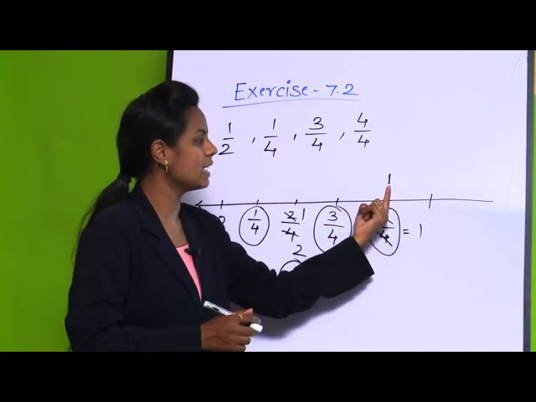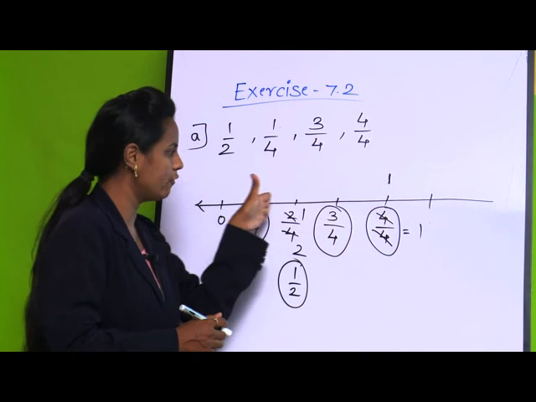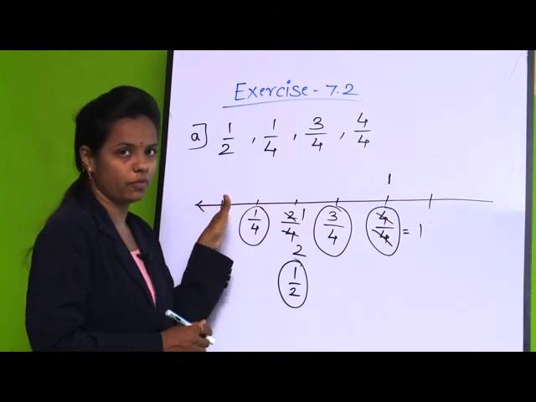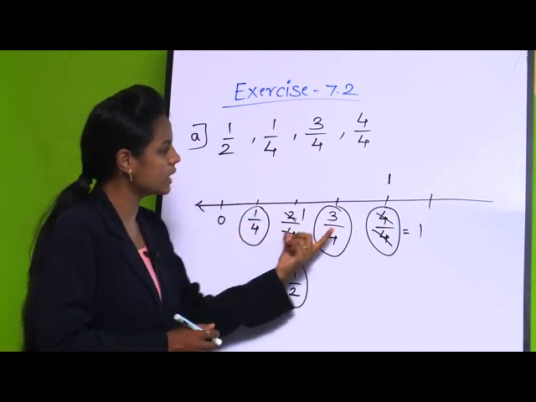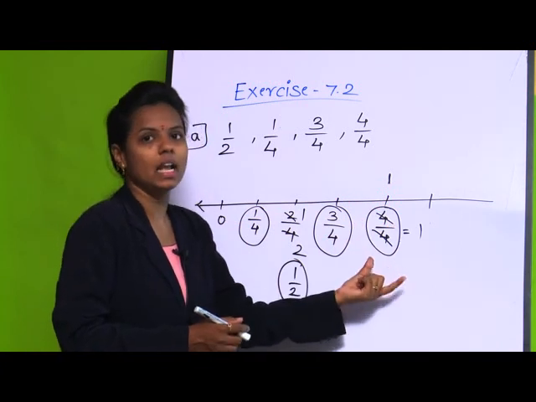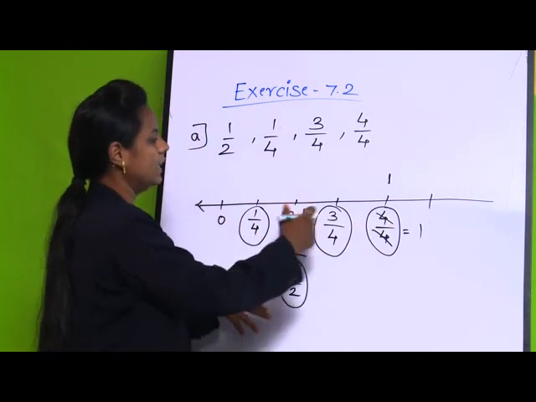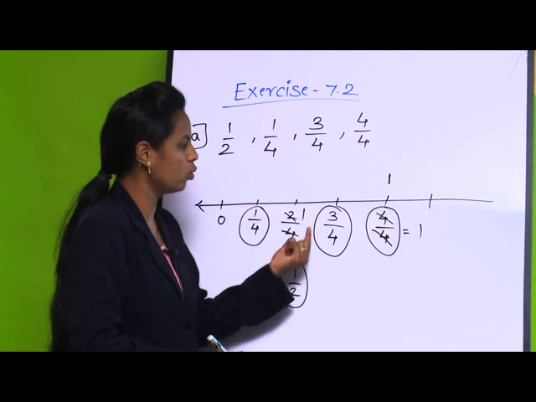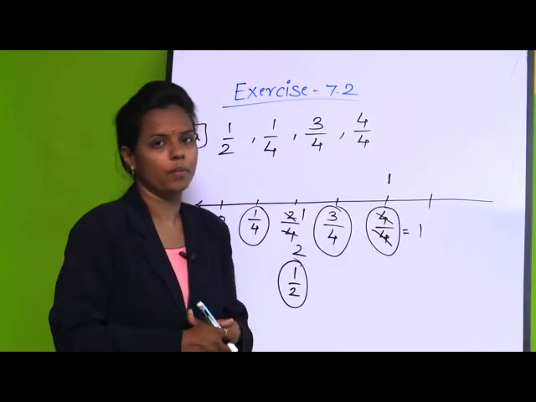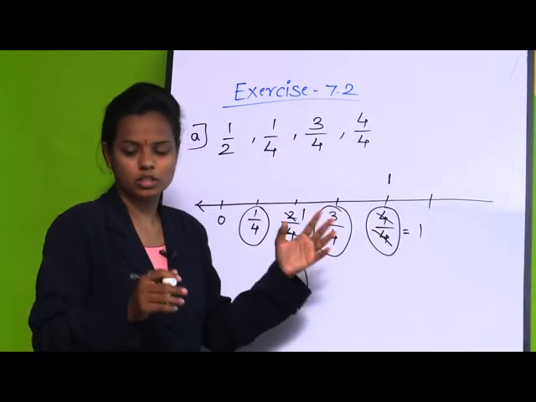The fractions that are less than 1 lie to the left side of the 1. So we have shown these fractions on the left side and pointed them out as 1 by 4, 1 by 2, 3 by 4 and 4 by 4. Okay students, so this was one example.